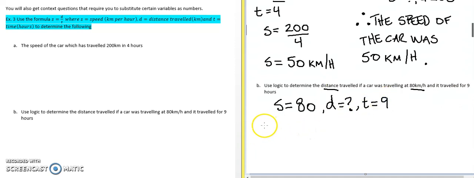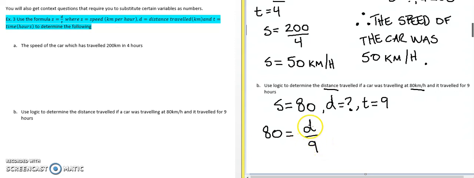So if you're looking back at the initial question, S is equal to D over T. We know what our S is. 80 is equal to the distance, which we don't know, divided by the time traveled, which is 9. So we're going to try to figure out how we would get this.